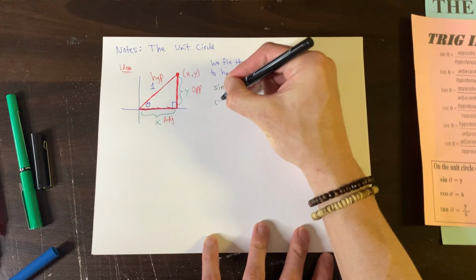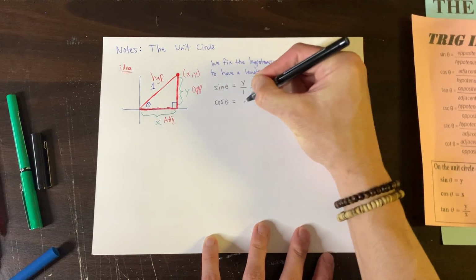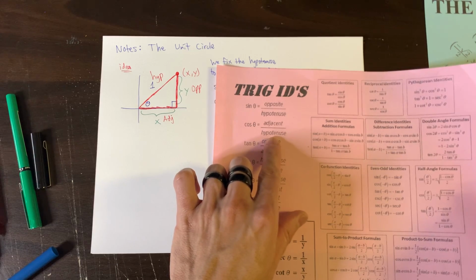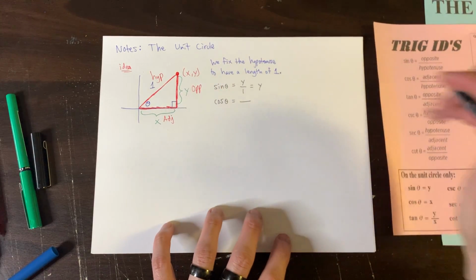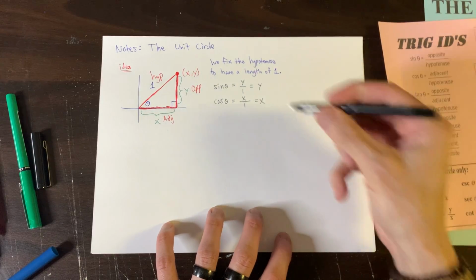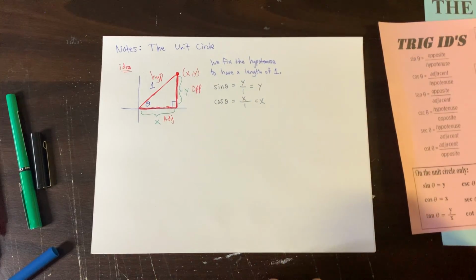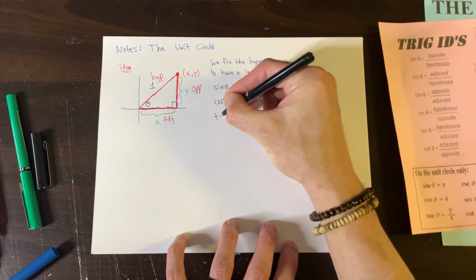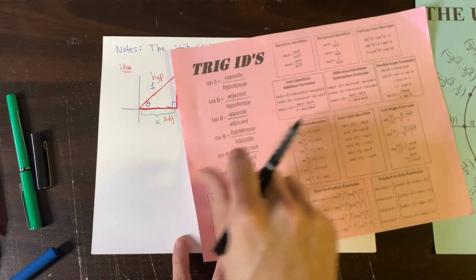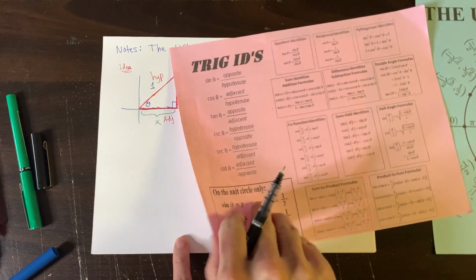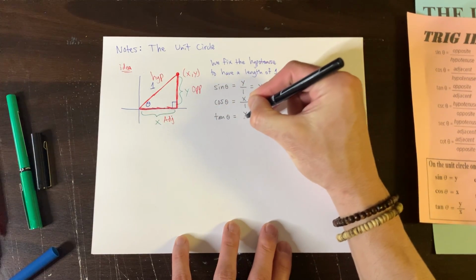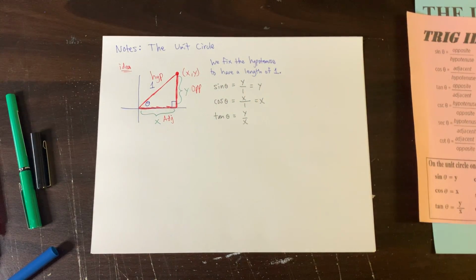Hey, what about cosine? Cosine is adjacent over hypotenuse. So our adjacent is x, hypotenuse is 1. Hey, x divided by 1 is just x. And what about tangent? Tangent of theta, tangent is opposite over adjacent. So the opposite is y and the adjacent is x. So it's just y over x.